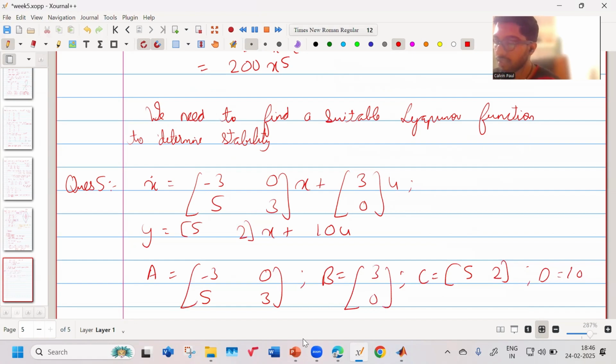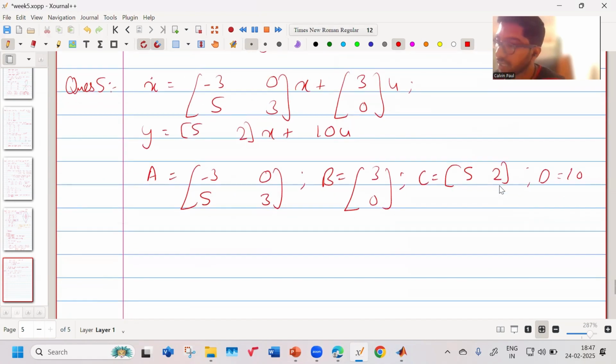Which matrix are we considering? Yeah, the system matrix. So there is this matrix A, right?